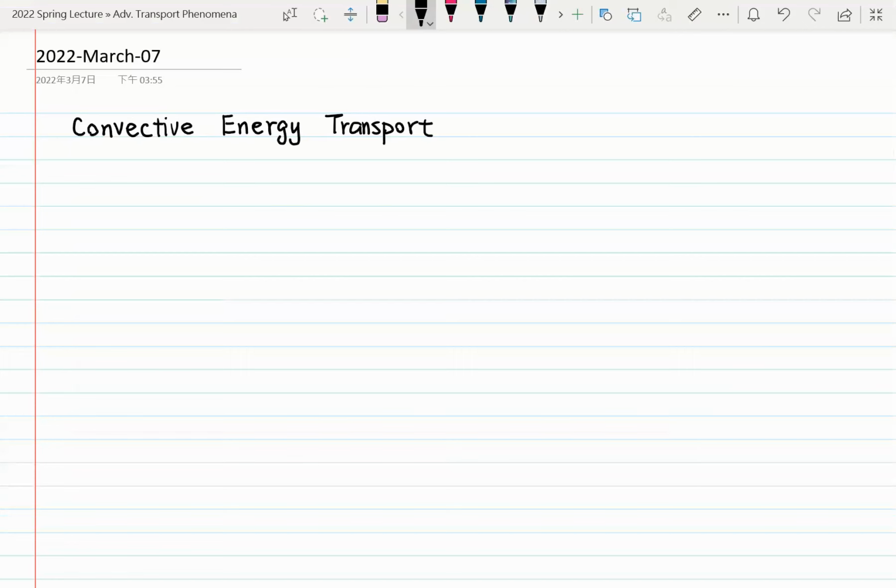Okay, so first let's draw a control area. Let's say we have a control area, and let's call it dS. So we have the control area having a normal in the x direction.